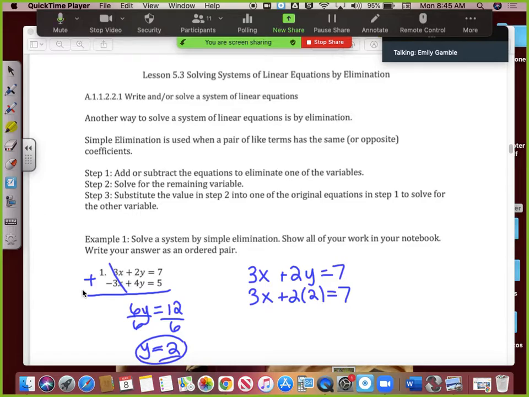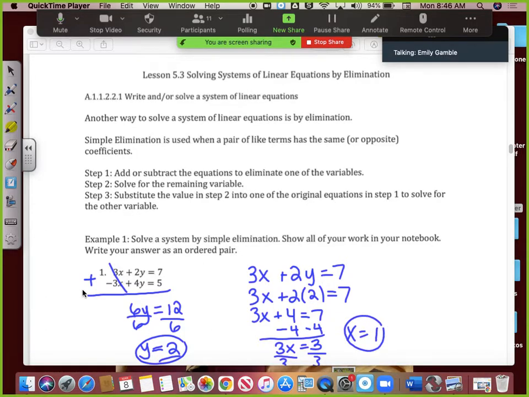Then I'm just going to solve for x at this point. I would multiply 2 times 2 and get 4. I would subtract 4 from both sides. 7 minus 4 is 3, so I get 3x is equal to 3. Then I would divide both sides by 3, and I get x is equal to 1.